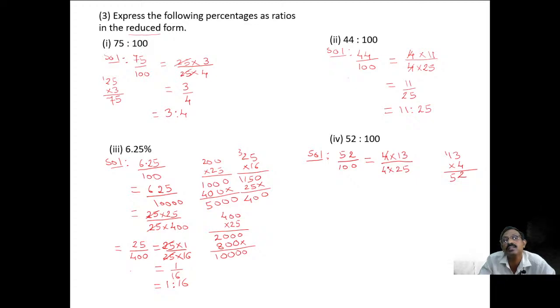I'll cut this 4 ones are 4 ones are, which is equal to 13 upon 25. I always say, when you have the last fraction with you, see whether you can reduce it to the lowest term. No, we cannot reduce this to the lowest term. So, this is equal to 13 is to 25. I hope every one of you might have got these sums.